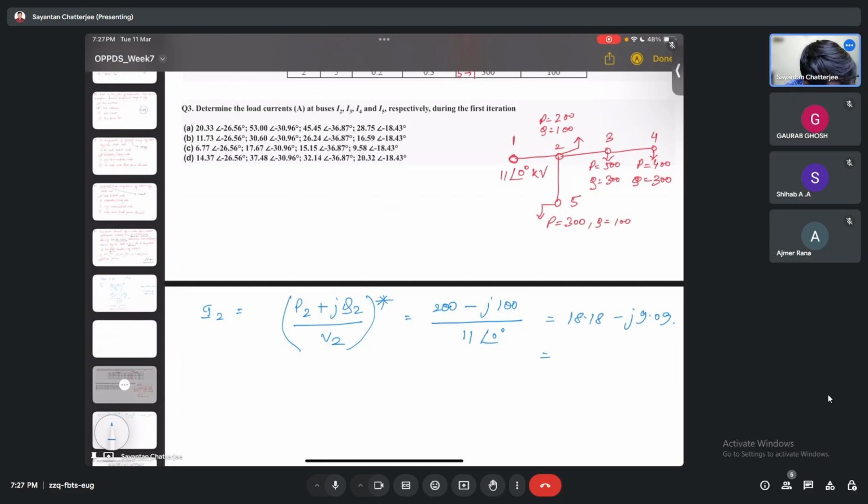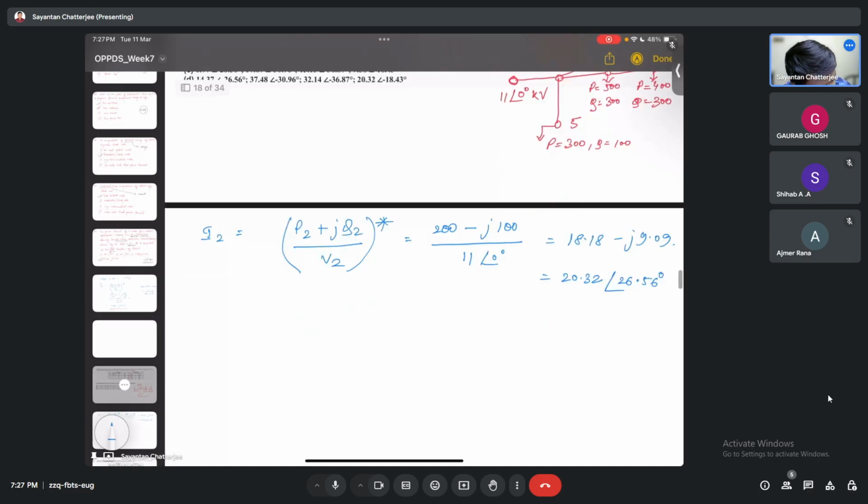So the magnitude is 20.32 and the angle would be minus 26.56 degrees. So this is the current for I2. Is it clear?